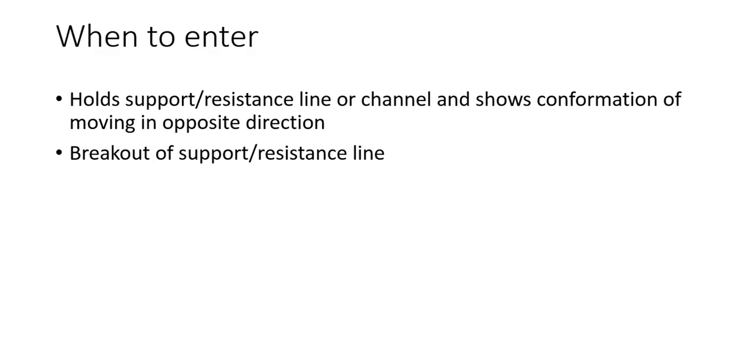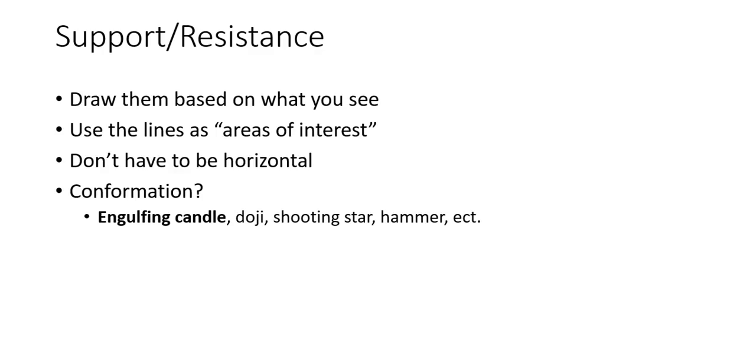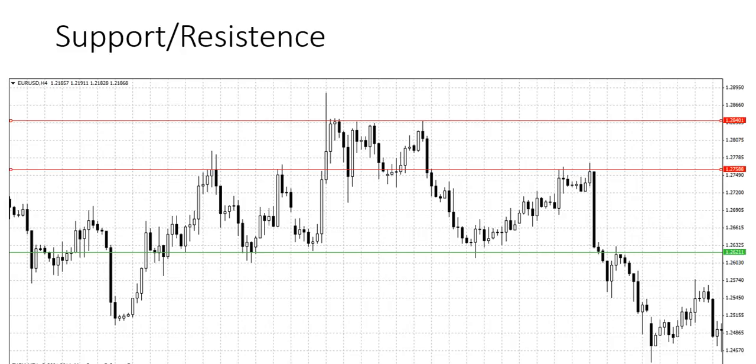So when to enter: when it holds through support resistance lines or a line or channel, and shows confirmation is also very important to look for. And where you could enter is on a breakout of support resistance lines. I like to play it a little more safe, entering the breakouts where not only does it break out, but then it retests the previous support resistance. Like here, it broke out.